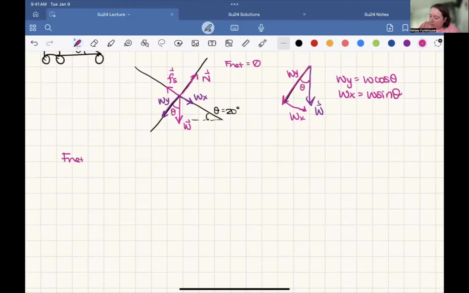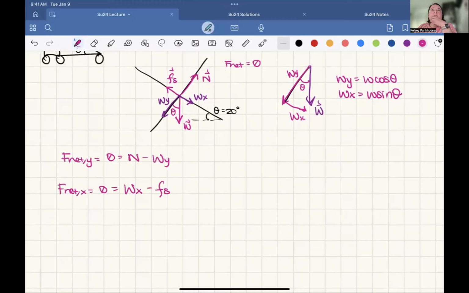F net y equals 0. And in y, we have the normal force and then the y component of the weight. And then F net x equals 0 also. And this one, we have the x component of the weight in the positive x, and then minus the static friction force.